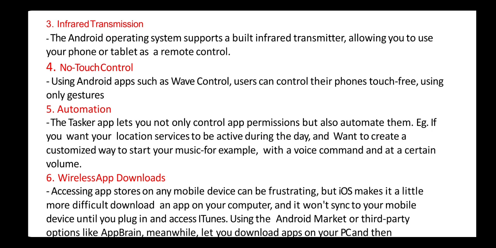Next feature is automation. The Tasker app lets you not only control the app permissions but also automate them. For example, if you want your location services to be activated during the day and want to create a customized way to start your music, okay, for example with voice commands and at a certain volume, that is also non-touch control.